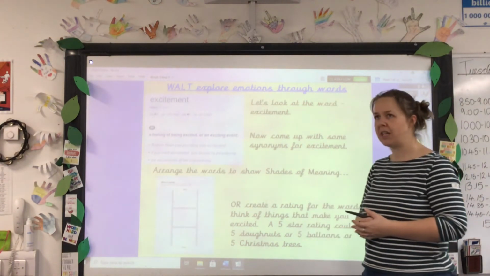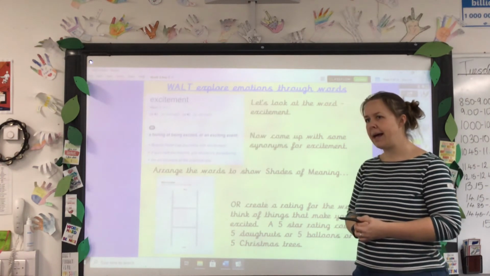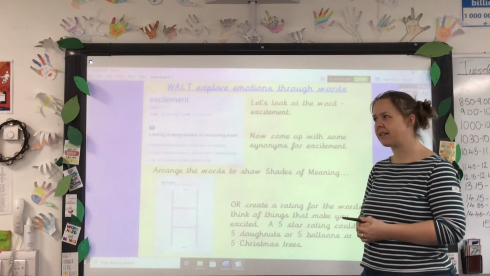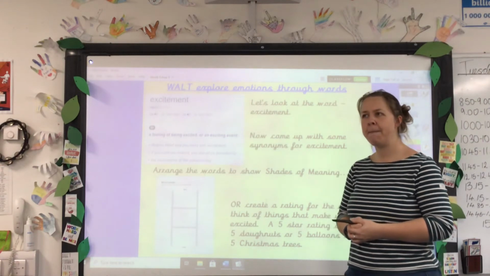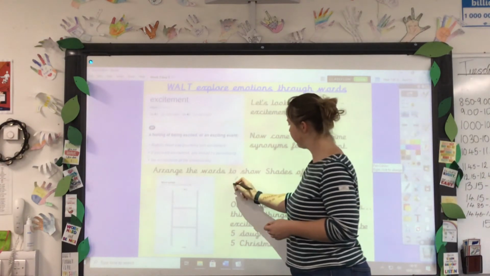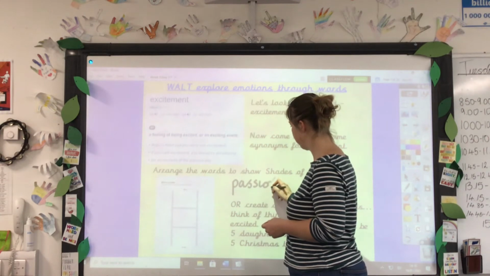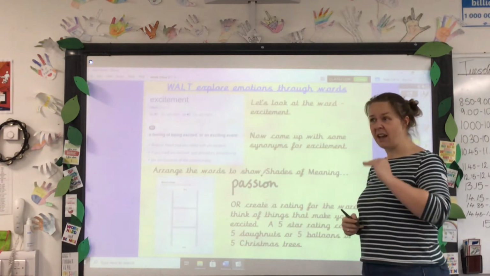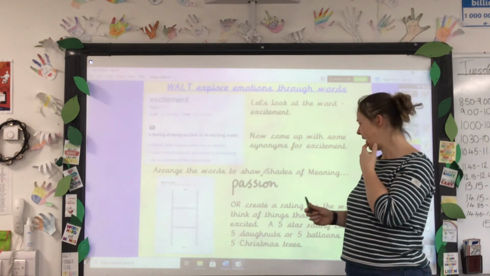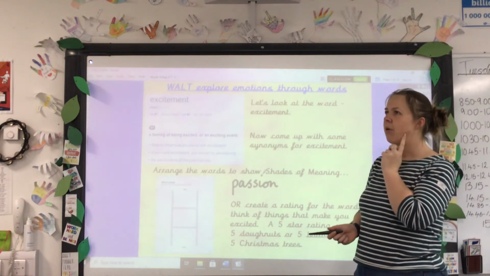If I was going to think of a word for excitement, if someone is feeling excitement, they might also feel passion. So I'm going to say passion. Someone's passionate about something. I say that that's a higher level than excitement, but I don't think it's the highest it could be. So what would I use as my rating?